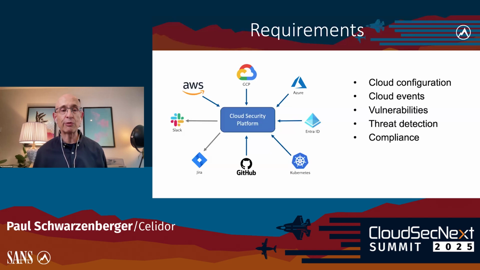So usually the requirement is that there's some sort of centralized platform that monitors and helps to protect the security of all of these different types of cloud that a particular enterprise might use. So the platform needs to integrate with these and have good coverage.